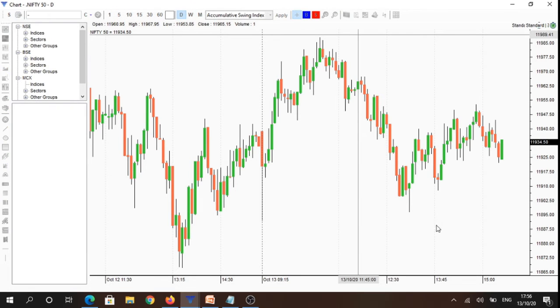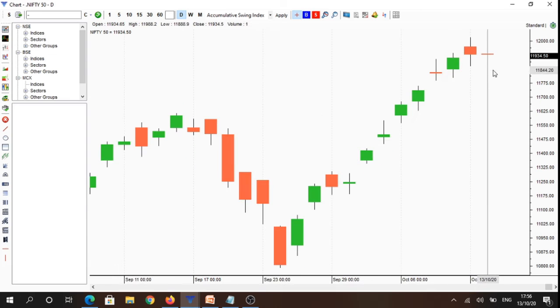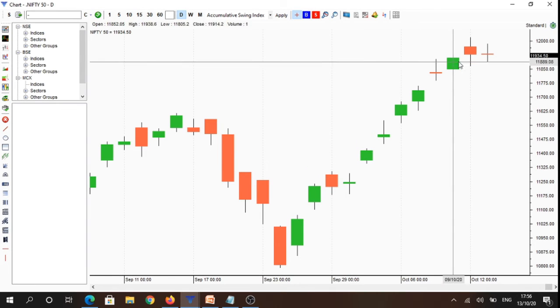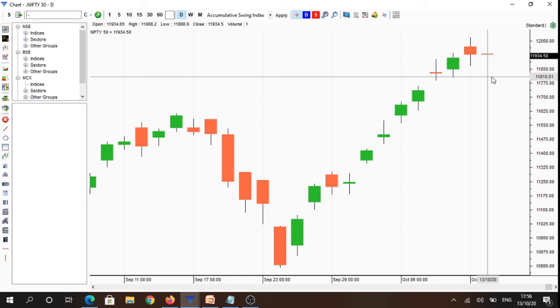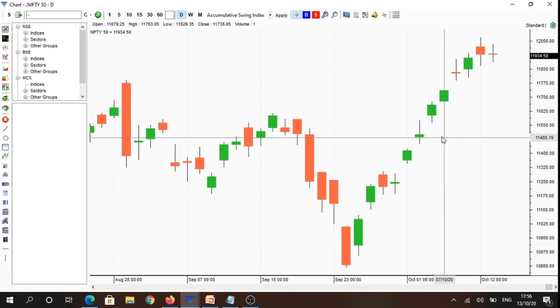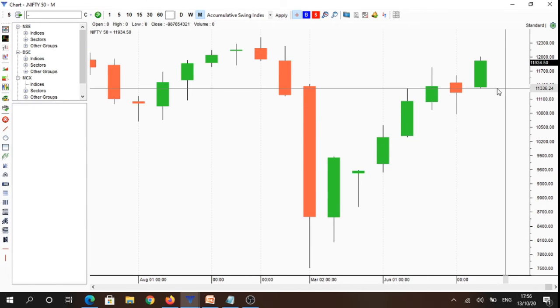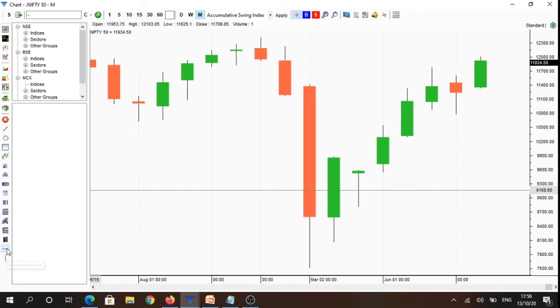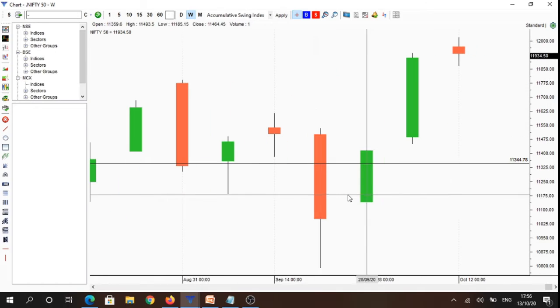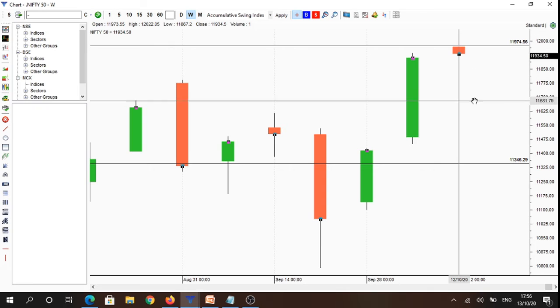If you observe the daily time frame, today we had an inside candlestick. The last inside candlestick happened on 30th September, and it broke to the upside and traded higher. So tomorrow we have to see which side it breaks and trade accordingly. On the monthly time frame, Nifty is under control of buyers as the market is above 11,364 levels, and on the weekly time frame the market is currently under control of sellers, below 11,973 levels.